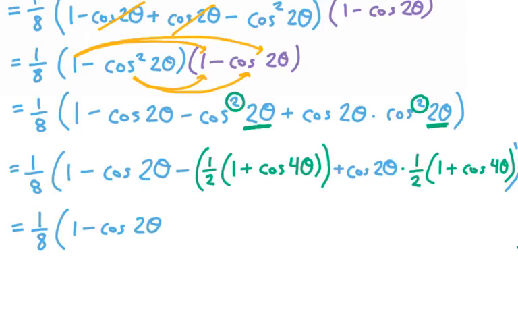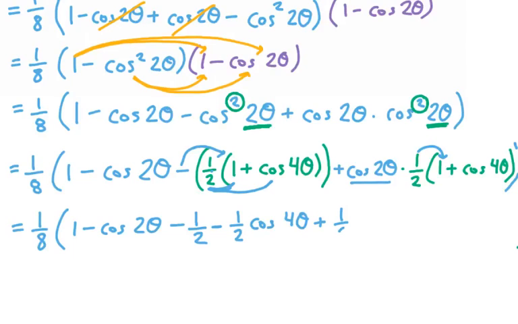So let's see, I'm going to apply this negative. This 1/2 times 1 is 1/2, but it's going to drop down as a negative 1/2. Half times cosine 4 theta is half cosine 4 theta, but it'll be a negative. And then we've got 1/2 times 1, which is a half, times cosine 2 theta.